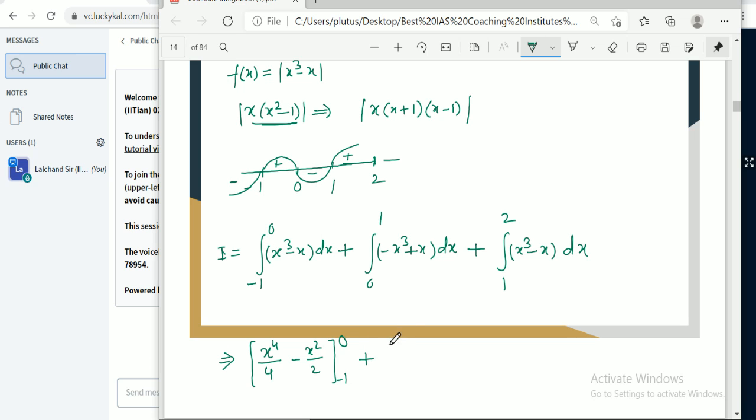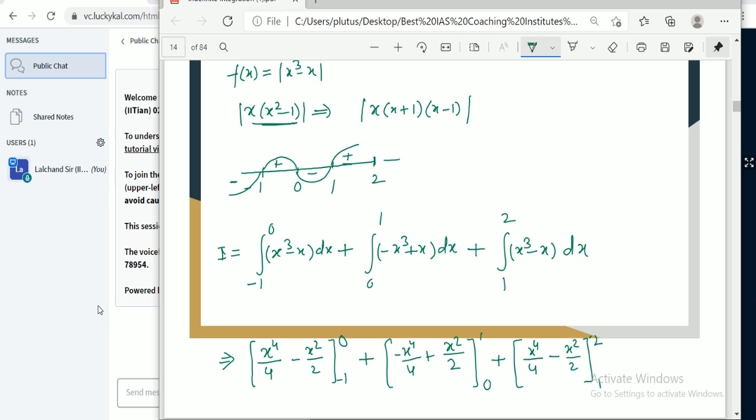Plus for the second, minus x to the power 4 by 4 plus x square by 2, limit will be 0 to 1, and finally the third will be x to the power 4 by 4 minus x square by 2, that is 1 to 2. Okay, this is the final.